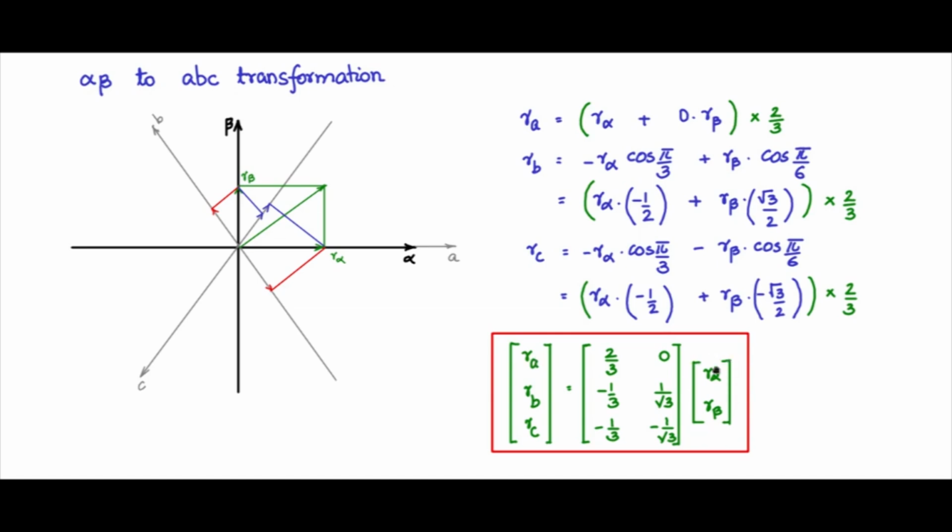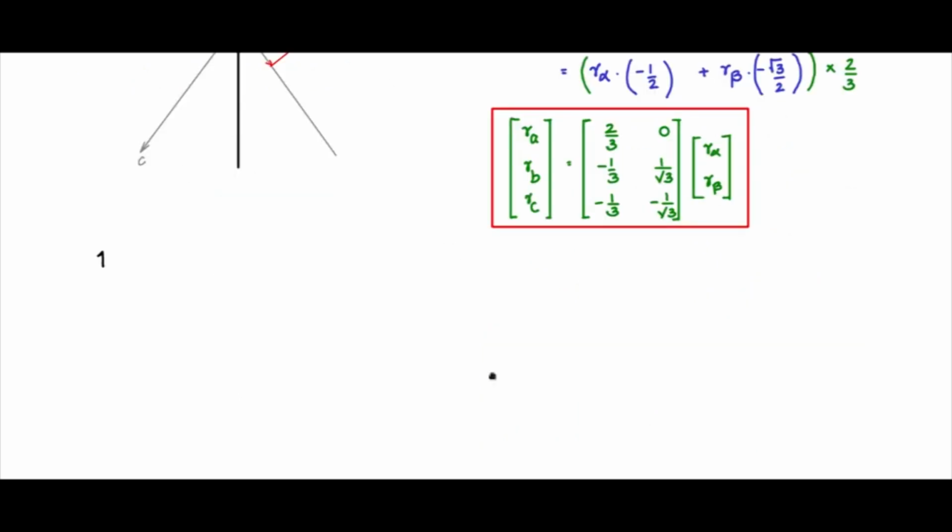The resolved components R alpha and R beta can be converted into the three-phase AC quantities RA, RB, RC using this transformation matrix. So now summarizing, first we know how to do ABC to alpha beta transformation. ABC is three-phase AC sine.